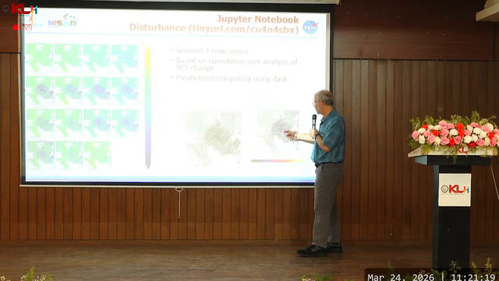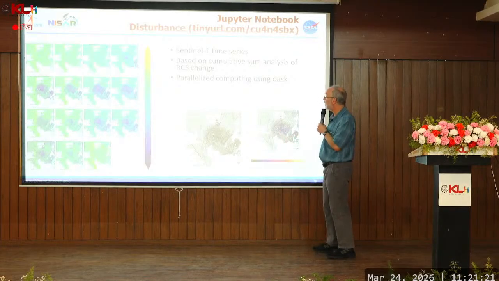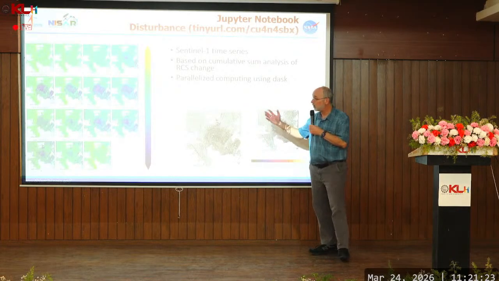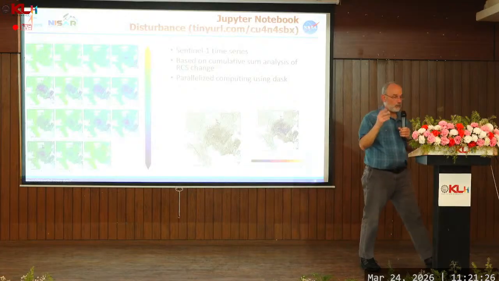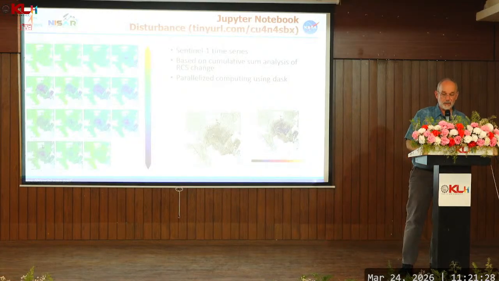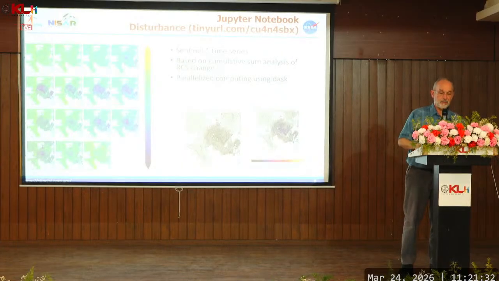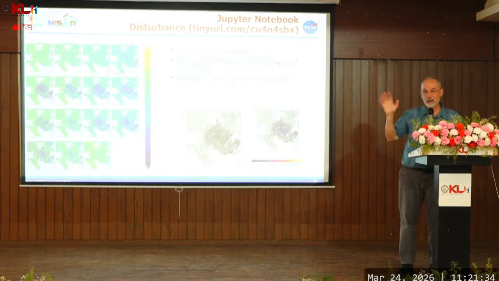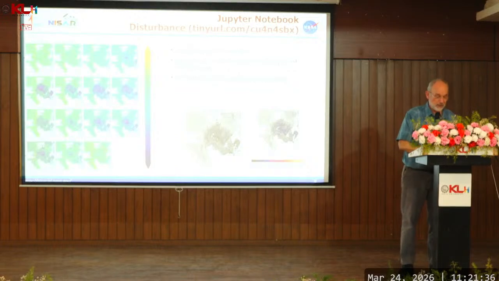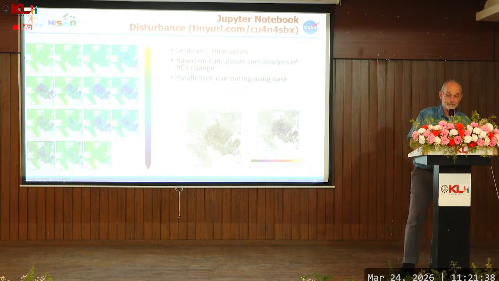This is the colorization of the dates when the change occurred. So this algorithm can be applied generally everywhere. The science team member who does this already has a fully parallelized processing system and expects to be producing global disturbance maps any day now, once we have the data.